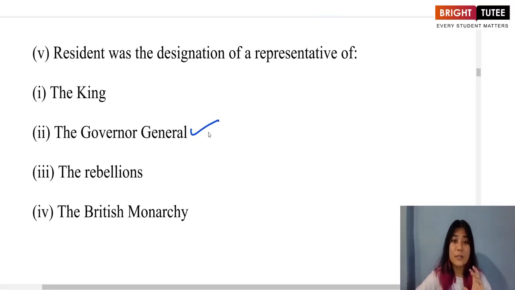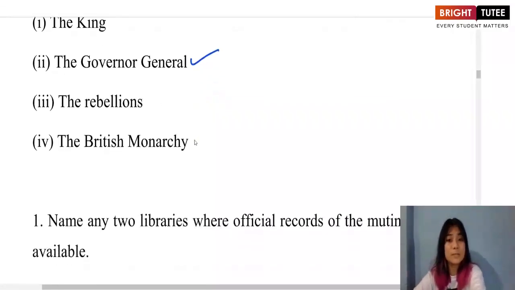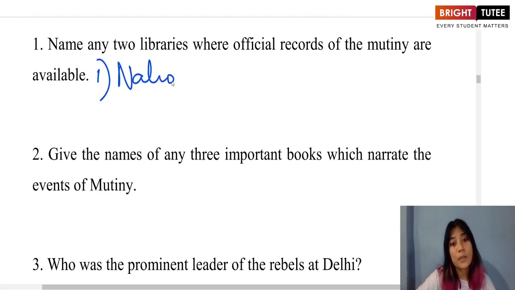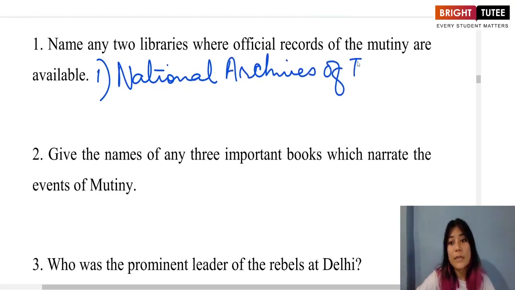Governor general had residence in all the territories that were annexed or captured by the British government. Next question, name any two libraries where official records of the mutiny are available. So from what we have read in the text, we can name one as National Archives of India Library.